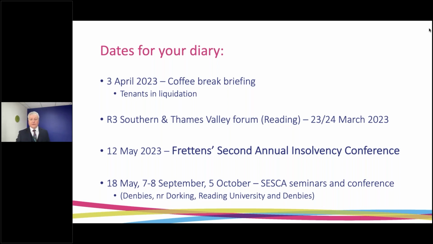Most important is our second annual insolvency conference on the 12th of May, which will be held here in Christchurch. It's not quite Venice for those of you who are weighing up whether to come here or whether to go to the R3 annual conference, but there will be a view across the river from the venue, so it should be a good day. Hope to see as many of you as possible at that.